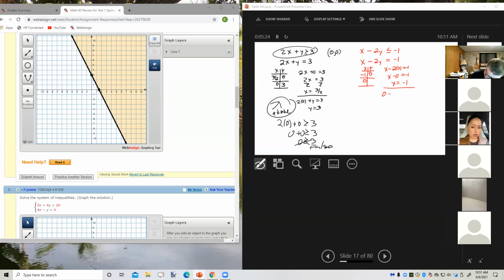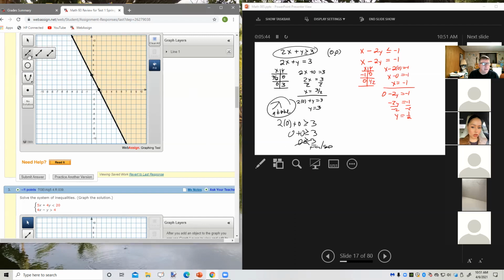If x is 0, 0 minus 2y equals -1, -2y equals -1. Divide both sides by -2, y equals +1/2, since -1 divided by -2 is positive.